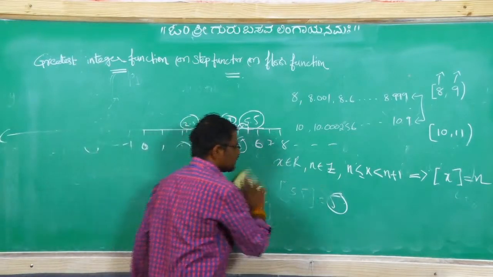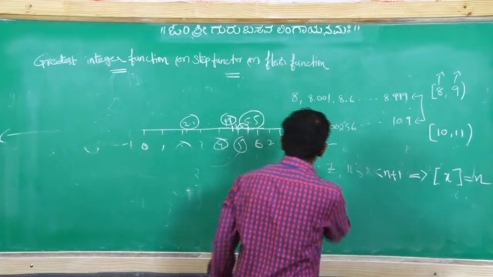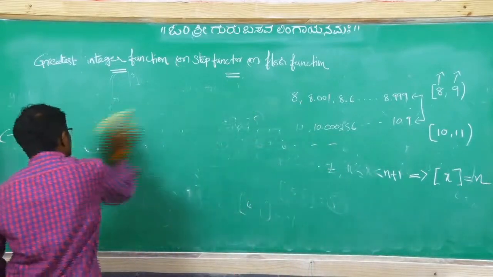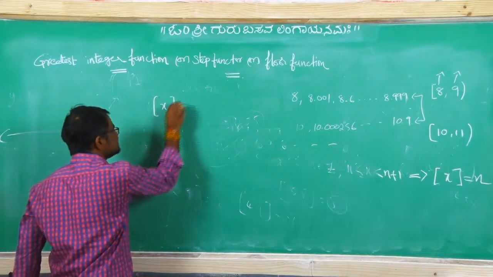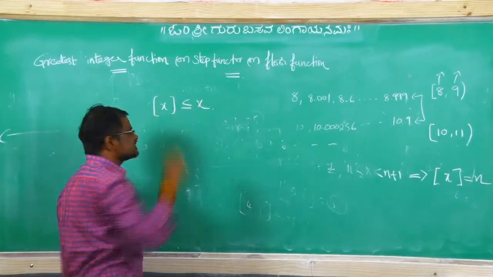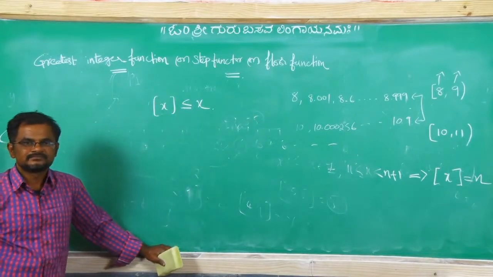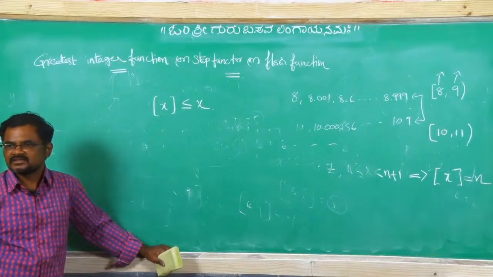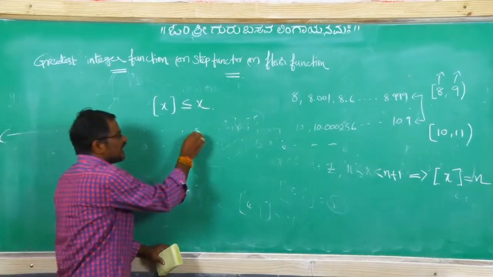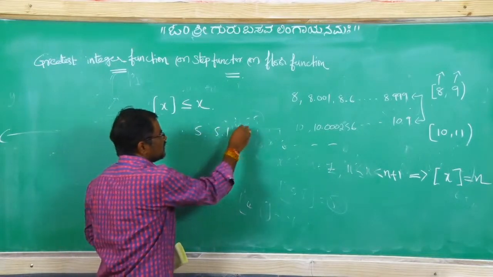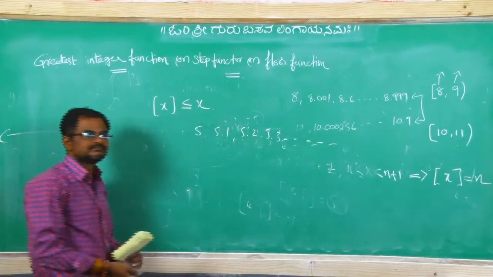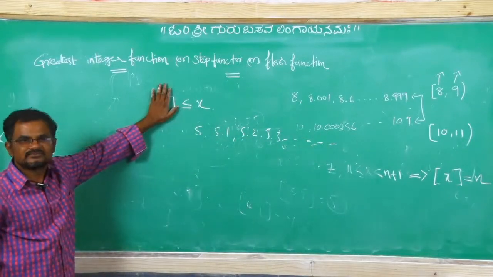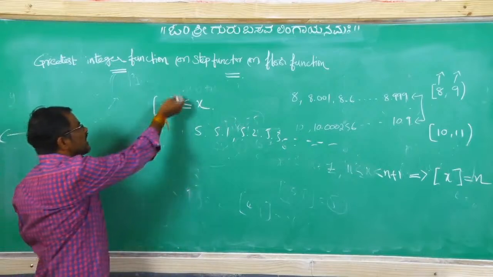The greatest integer of any real number is denoted by [x]. Is it always less than or equal to x? Right, because if you take 5, 5.1, 5.2, 5.3 and so on, this is an integer.